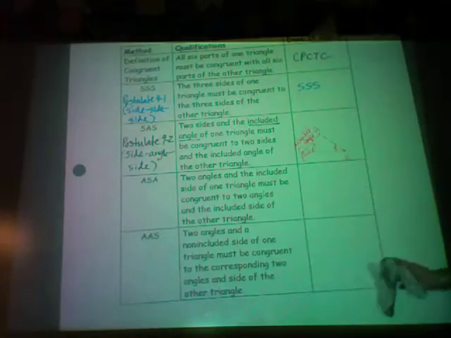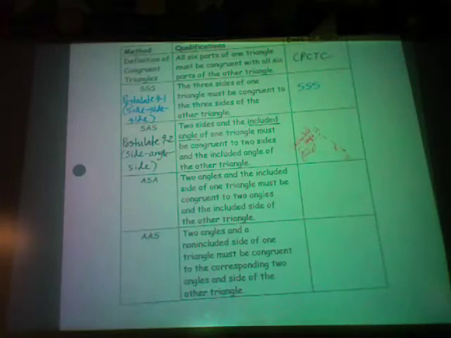Alright, so write down at the bottom your definition, because you're going to forget, of what an included angle is. It's the very bottom. An included angle is the angle between two sides.